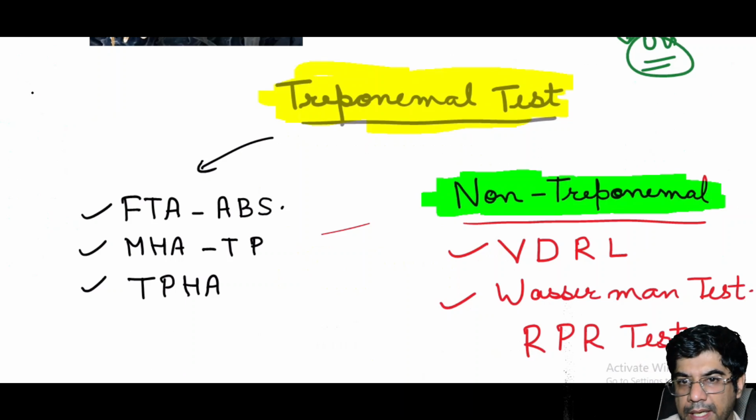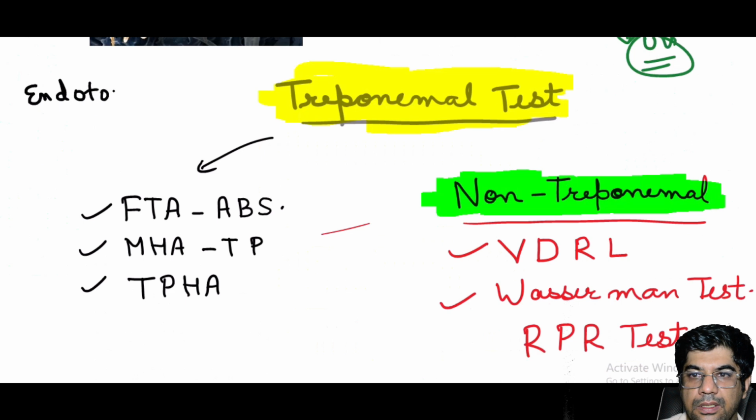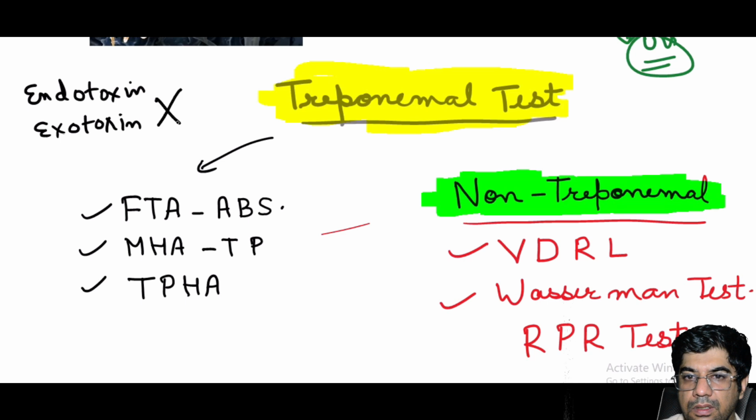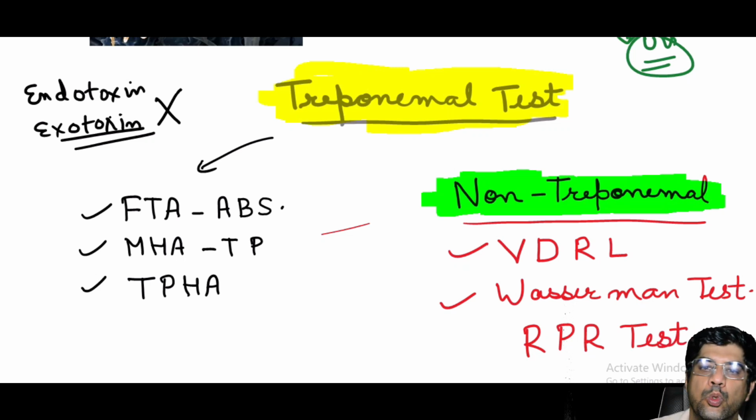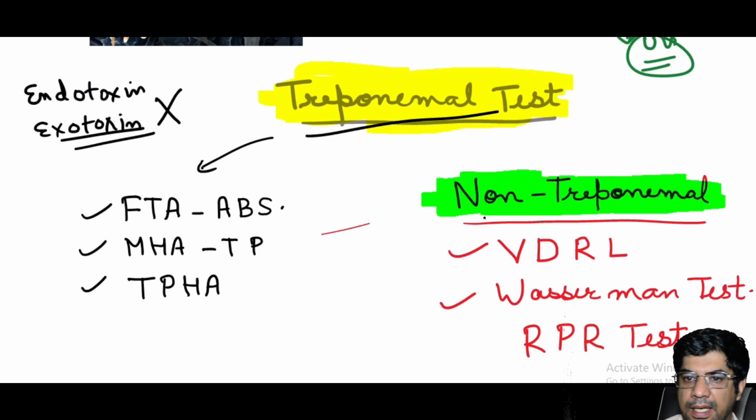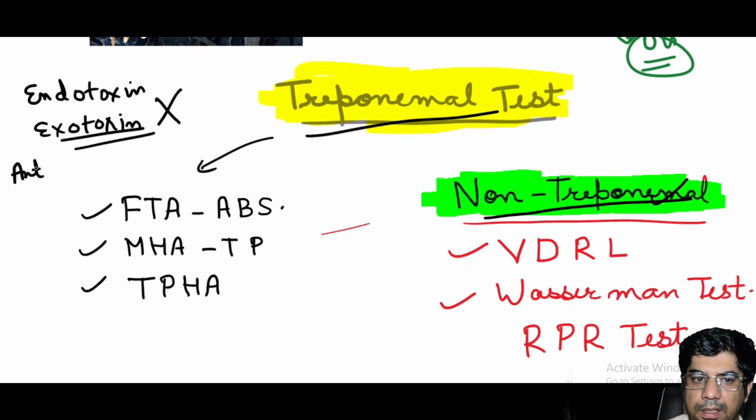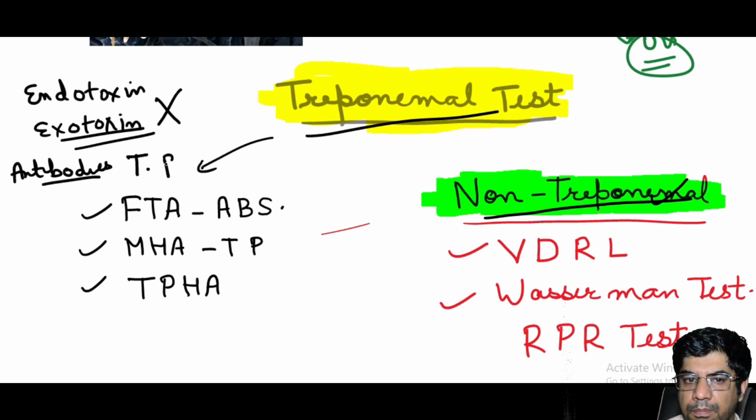Now remember, the Treponema does not produce endotoxin or exotoxin. So the lesions in the syphilis are primarily due to the host immune response. There are two types of serological tests for the syphilis. One is the treponemal test and the other is the non-treponemal test. The treponemal tests measure the antibody specific to Treponema pallidum species.